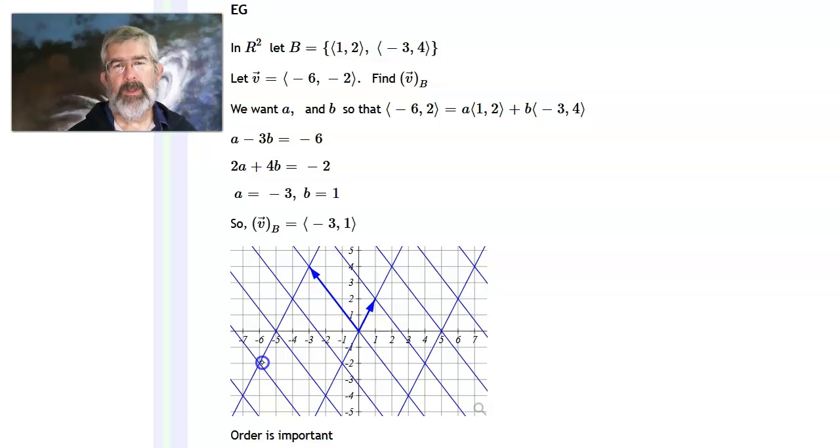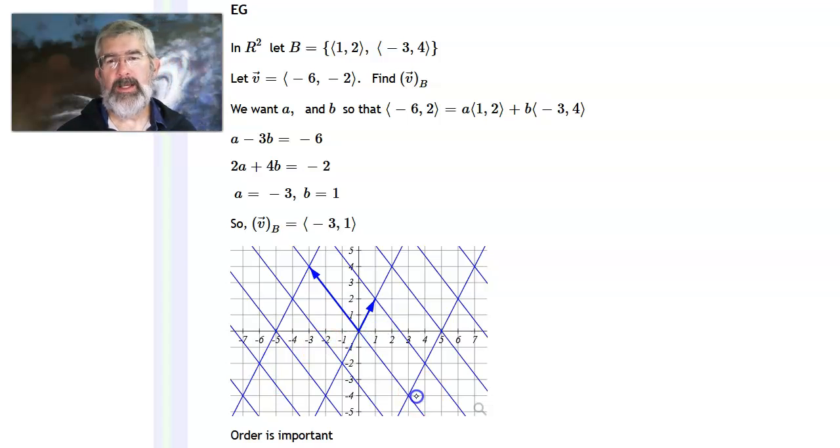But what I see is that if I go in the direction of this vector, and then 1, 2, 3 in the opposite direction of that vector, so maybe I should do it the other way first, go this vector, go backwards 1, 2, 3, and then forward in the direction of the second vector, it gets to that point. So on that blue grid, the coordinates of this point are negative 3, 1, because I go negative 3 in the direction of my first basis element, and then 1 in the direction of the second basis element.